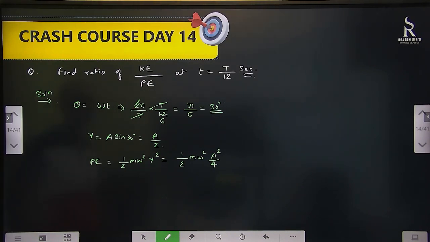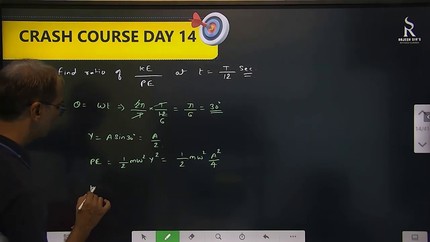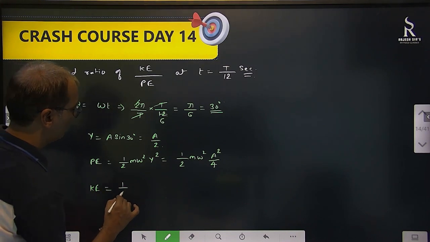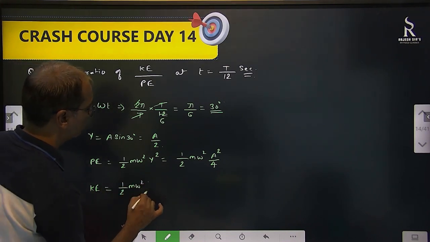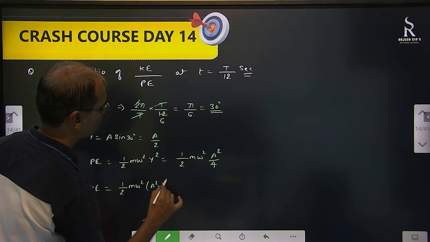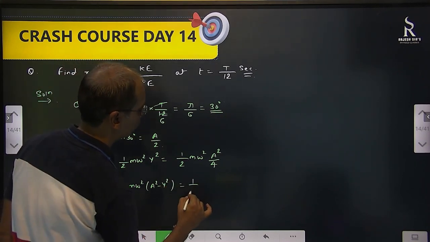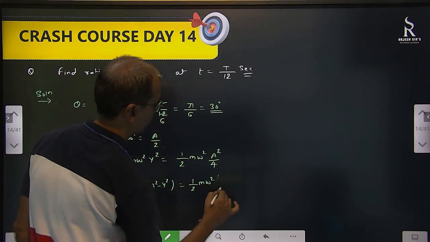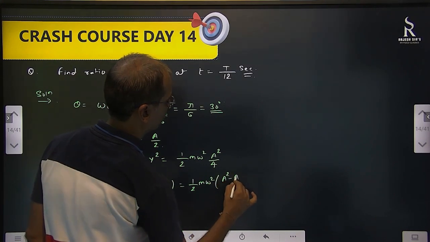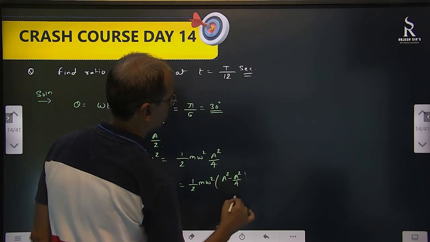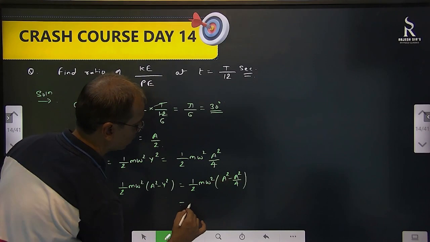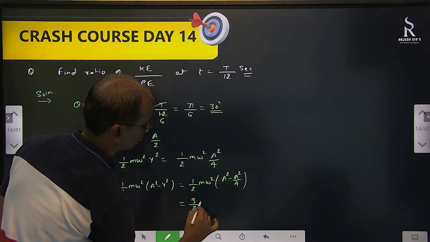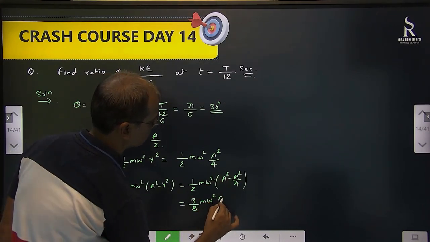Okay, then kinetic energy is half m omega square into A square minus y square. This is half m omega square A square minus A square by 4. So this will come 3A square by 4. So 3 by 8 m omega square A square.